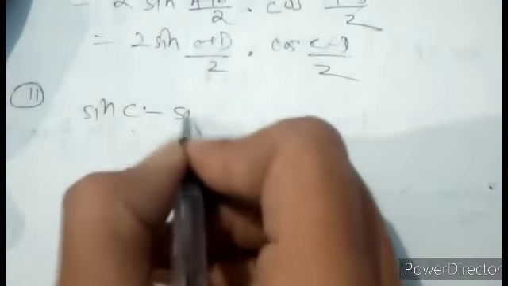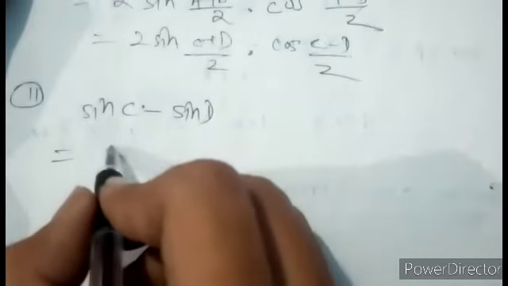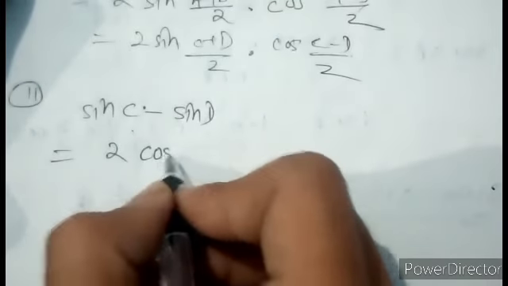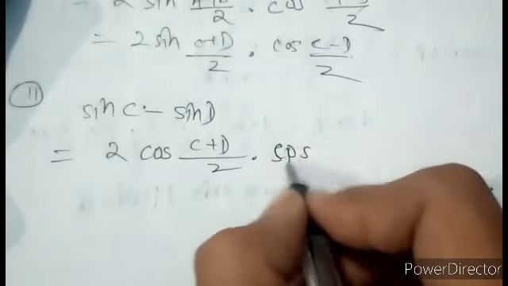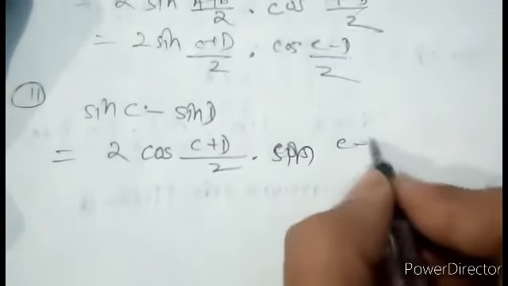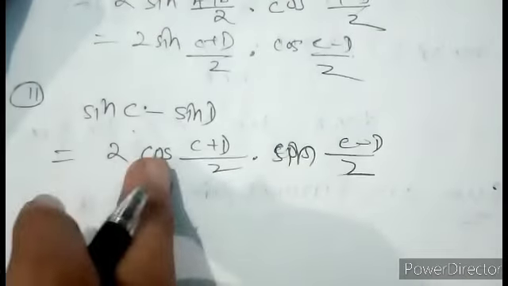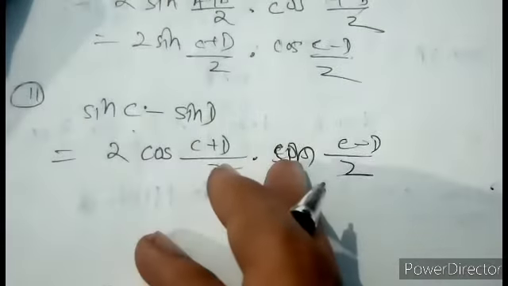The second one is sin C minus sin D, which is 2 cos((C + D)/2) multiplied with sin((C − D)/2).